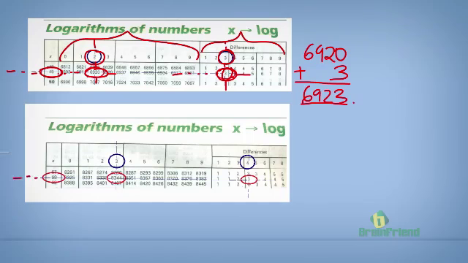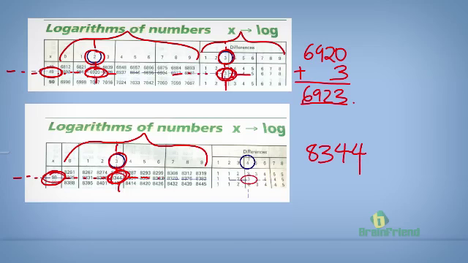So once again, we have the first 2 digits as 68. If we trace along the row 68, and also get the 3rd digit from our regular column, if we trace our column to meet up with the row, they would intercept at this point where we have a value 8344. If we continue to trace our row down to also meet up with the last digit, which is 4. 4, of course, is found under our difference column.